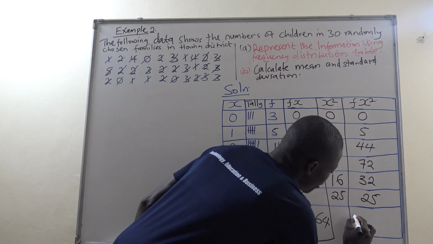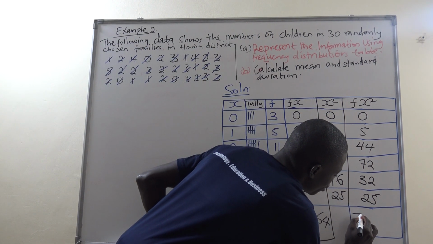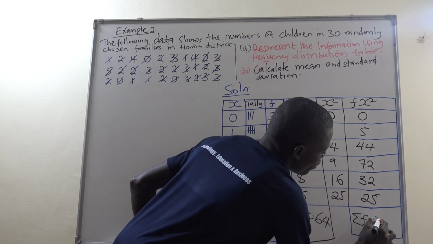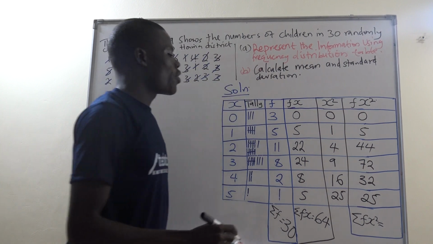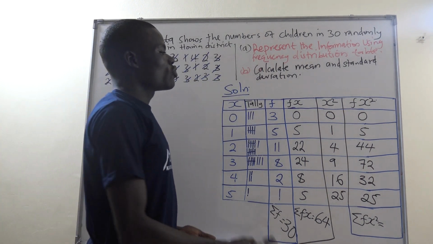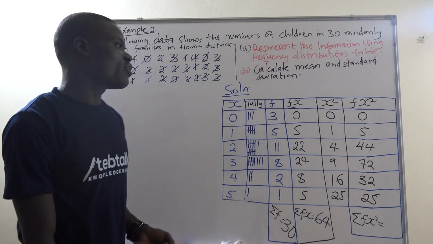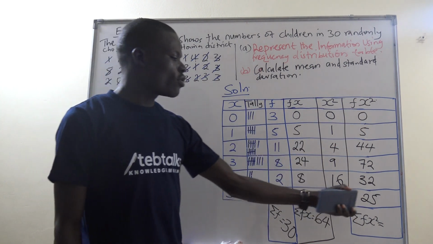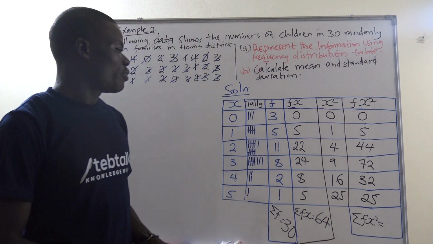So now, immediately after finishing, you have to get the summation of fx squared. To get the summation of fx squared, we are going to sum these values right from the top up to the last one, which is 25.